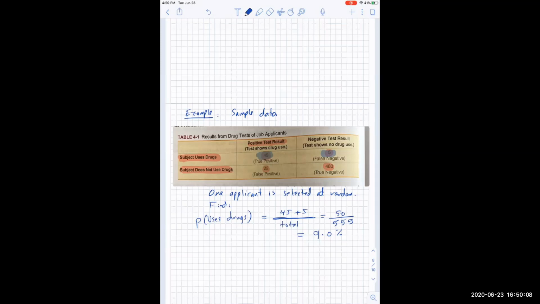Those are the people who use drugs. Some of them got positive test results, some got negative. I add all of them and divide by the total. That's the probability of selecting an applicant that uses drugs. Let's do another one. What is the probability of selecting one applicant and that applicant got negative test results?